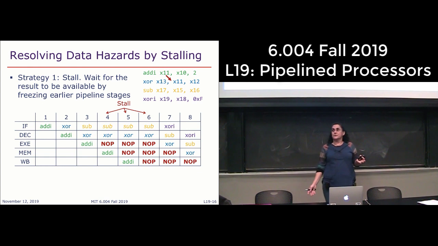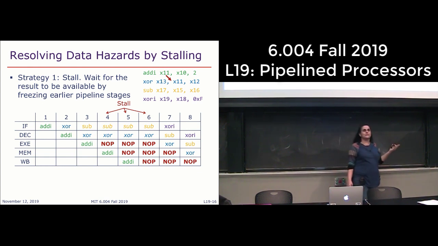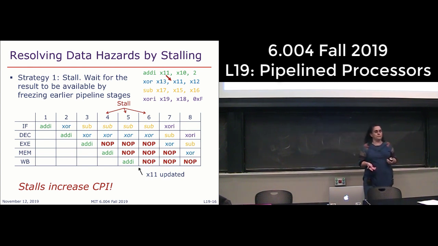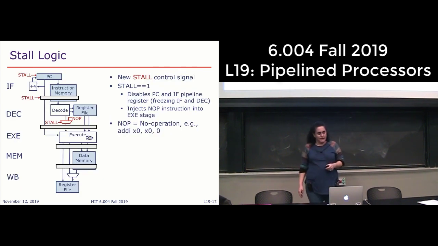It got much worse. Right? I'm no longer completing instructions at a rate of one instruction per cycle, right? So basically my CPI has increased, and so my pipelining isn't working quite as well as I would like it to. So we're going to consider an alternate solution.